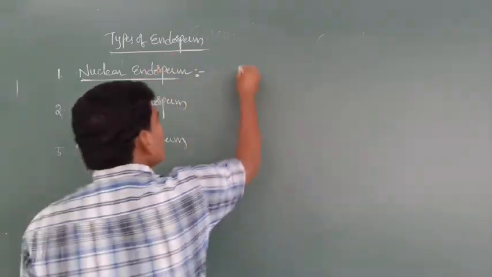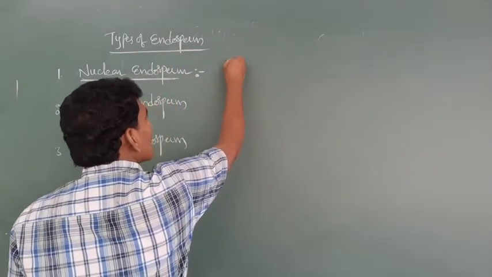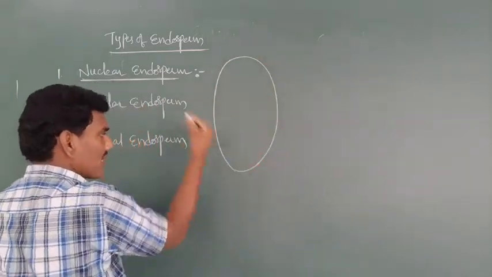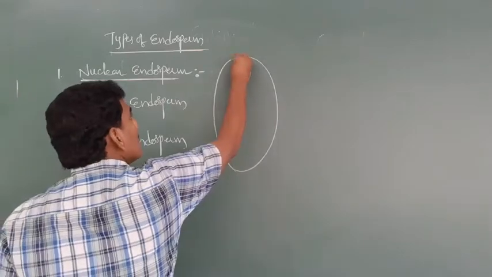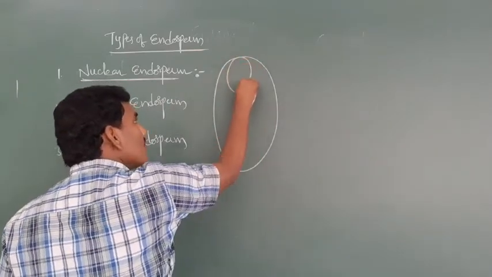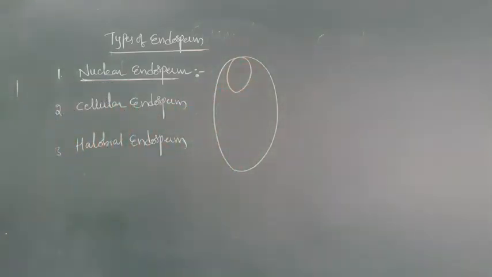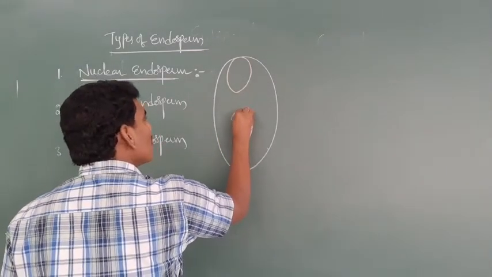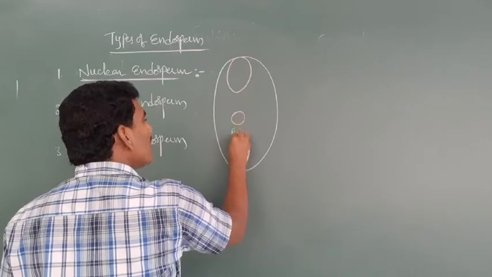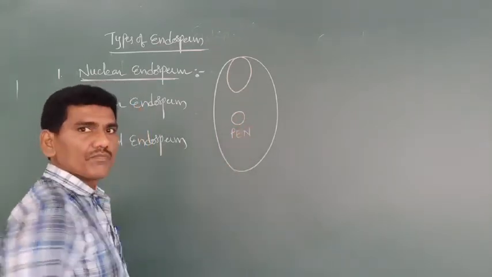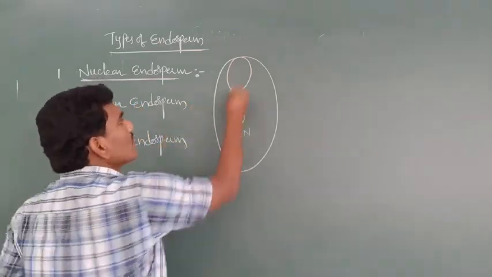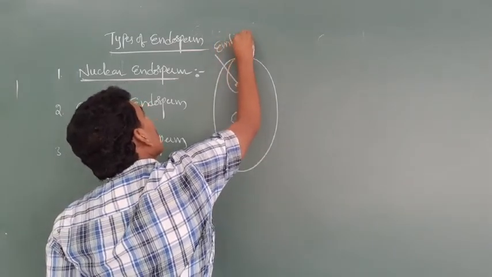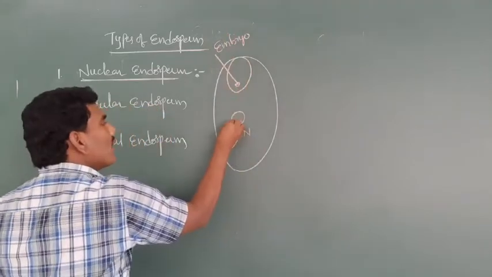Here, this is the embryo sac. This is the embryo. This is also known as the primary endosperm nucleus. This is the embryo.